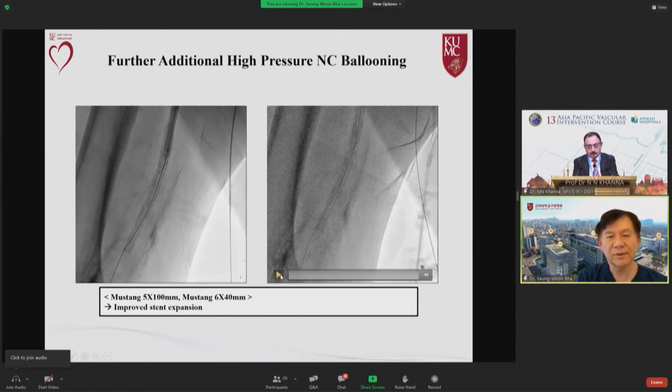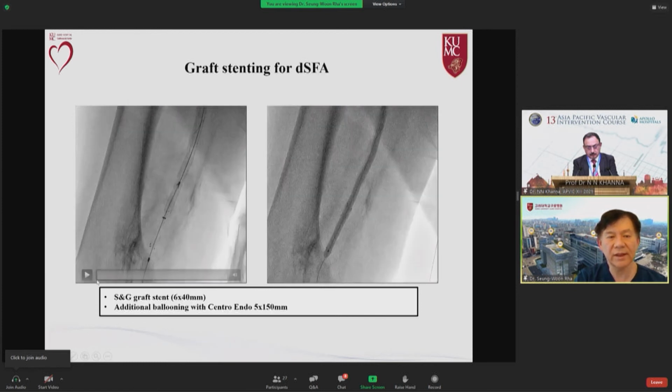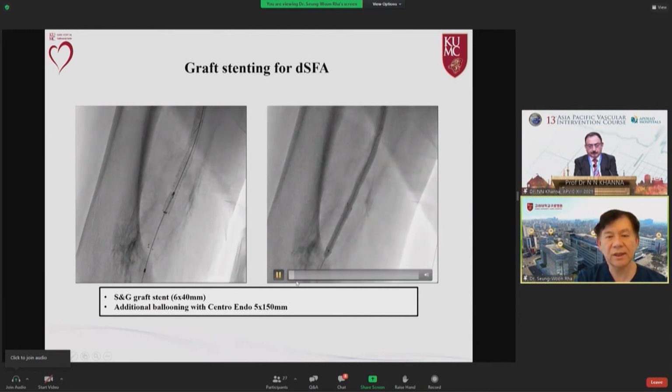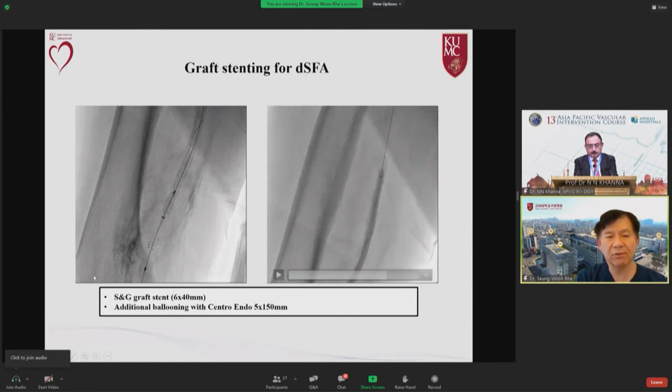After this, with a non-compliant balloon and prolonged inflation, the calcium cracked nicely, then we could deliver the graft stent. This is a Korean S&G stent graft, 6 by 40 millimeter, and with adjuvant ballooning and prolonged inflation, it finally sealed off nicely. Then you can see the good distal run-off without perforation.